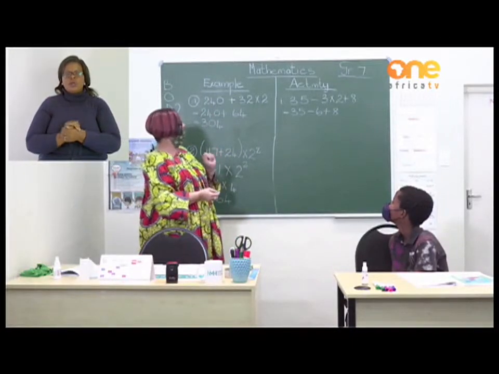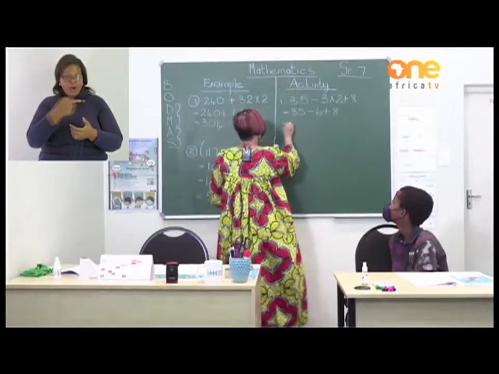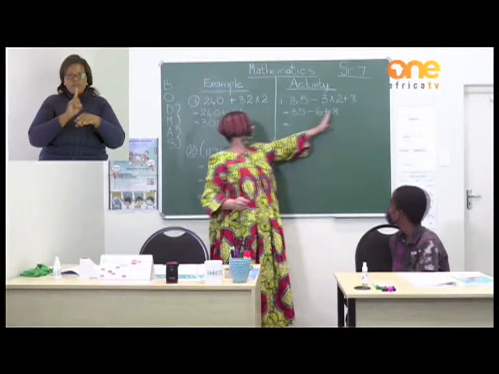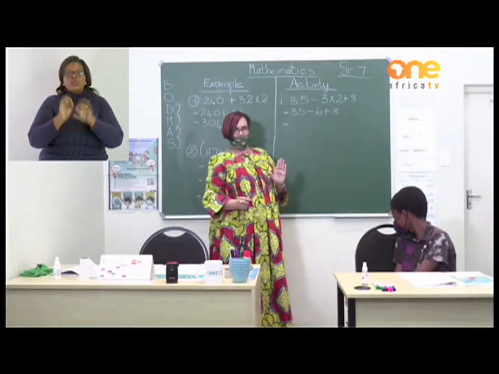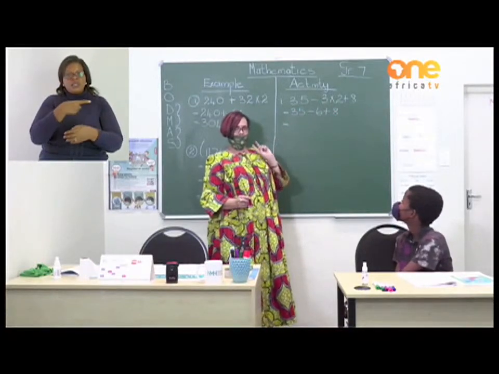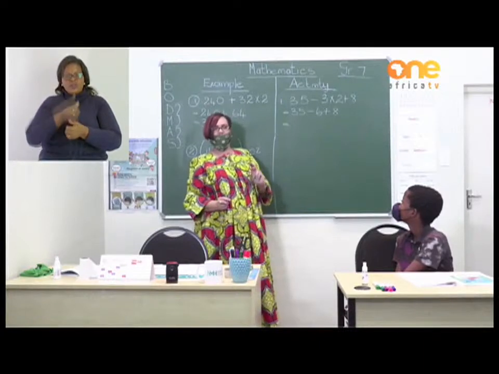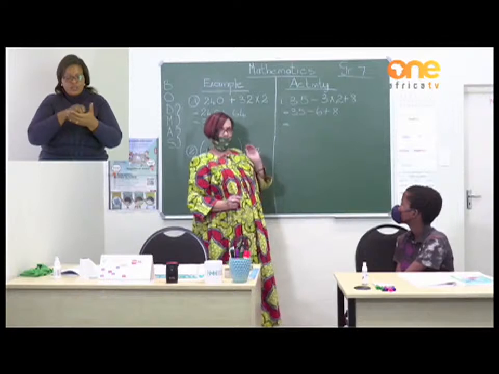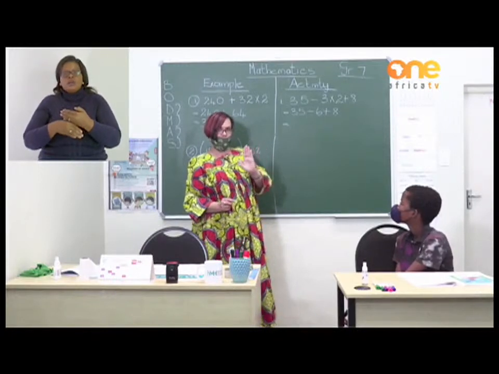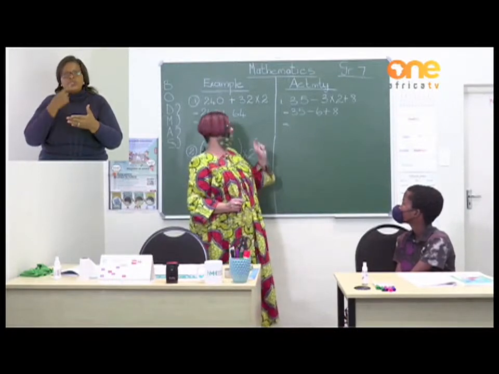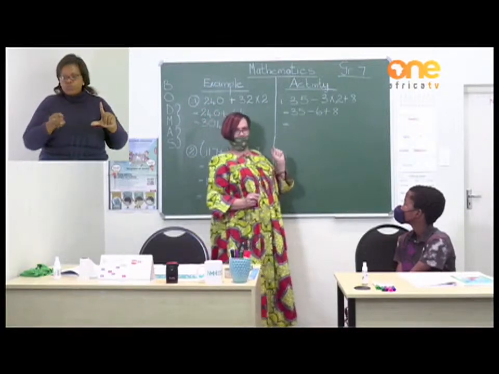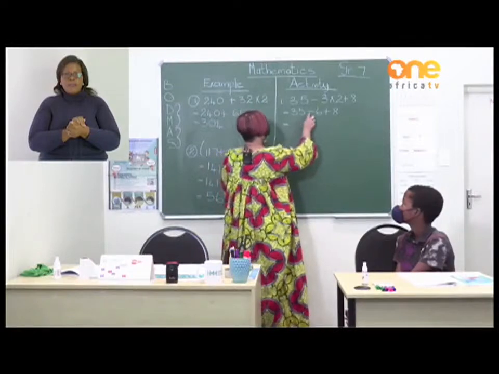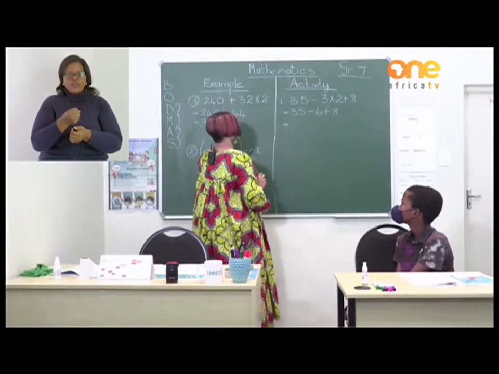So, what do you think? Which of these operations will you do first? Subtraction or addition? Remember, addition and subtraction are friends. They go together, but we work from left to right, meaning the one that we find first in our sum. In this case, we have subtraction first.